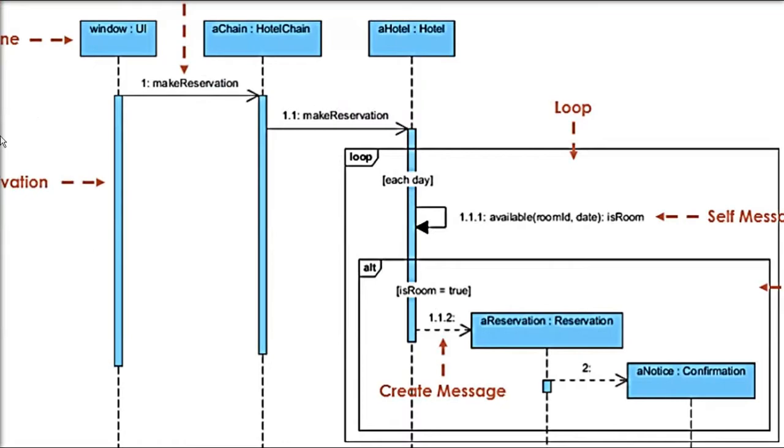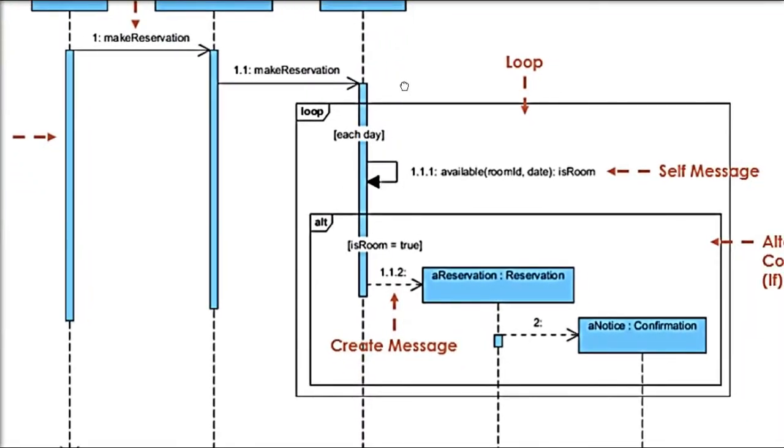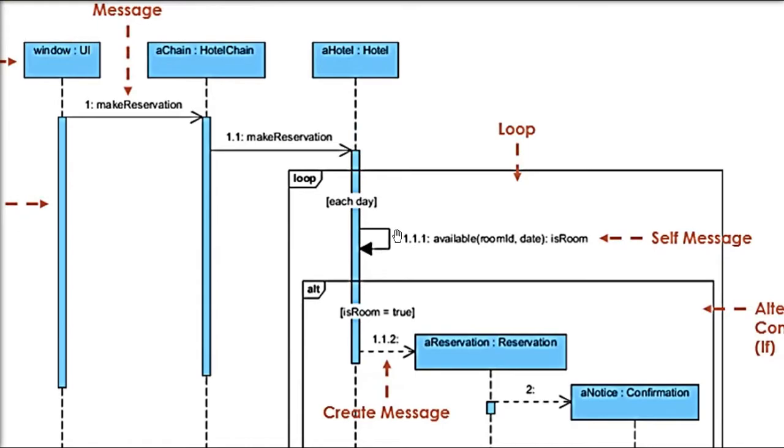These fragments came only after UML 2.0. Previously, they were not there. For a reservation, for example, there is a make reservation call. So what will happen? The object of this class will ask a function of itself whether the hotel room is available or not. It is calling itself, calling a function from its own class, and that is called the self message.